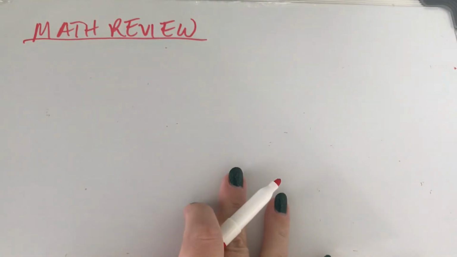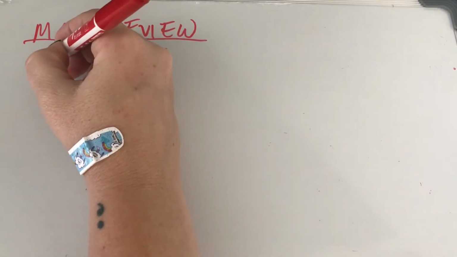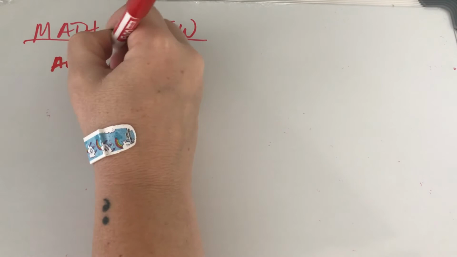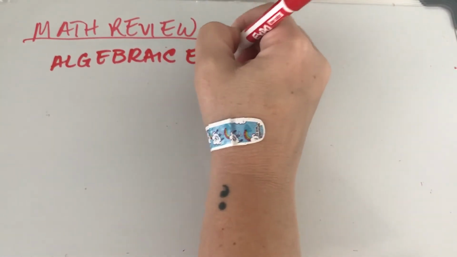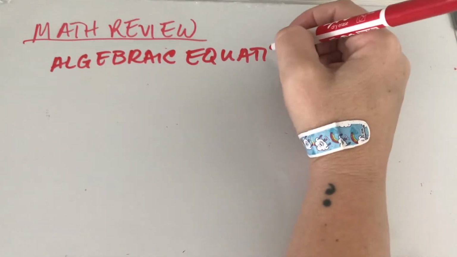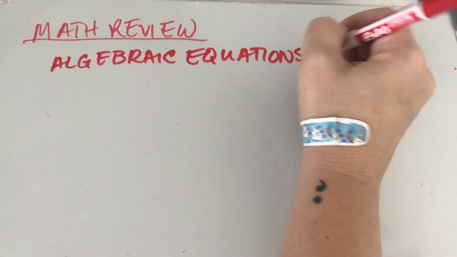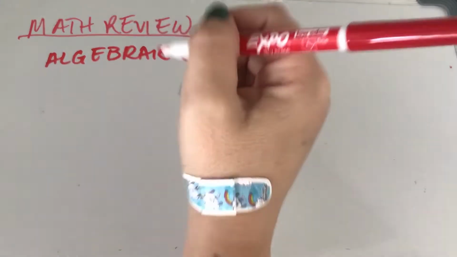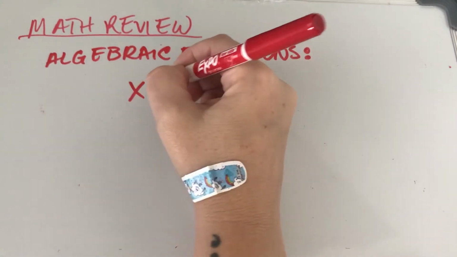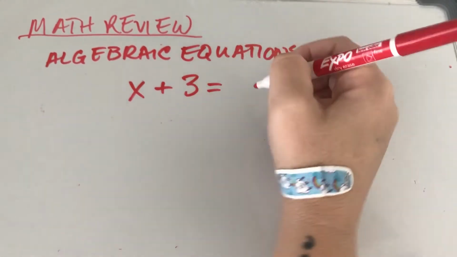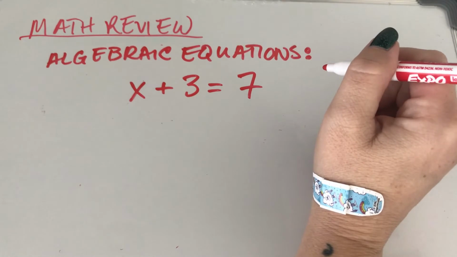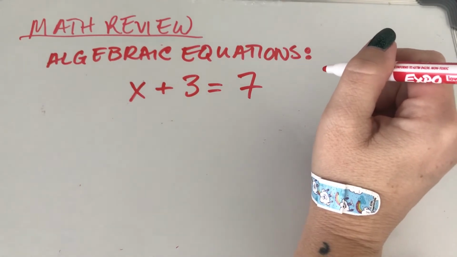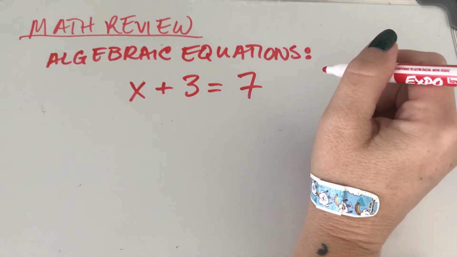Okay, so let's talk a little bit about algebraic equations. Everybody's favorite. So this would be something like x plus 3 equals 7. Any kind of algebraic equation is just a fancy way of saying we're trying to solve for a variable.